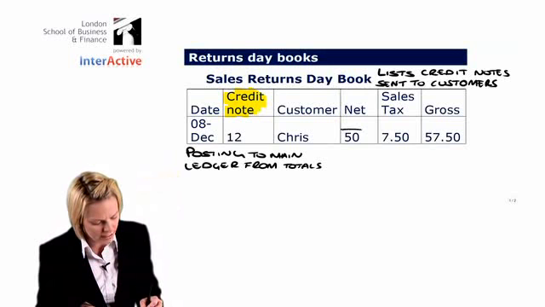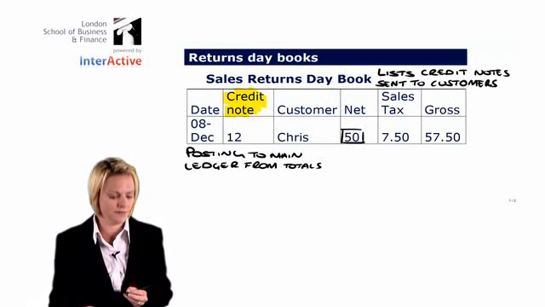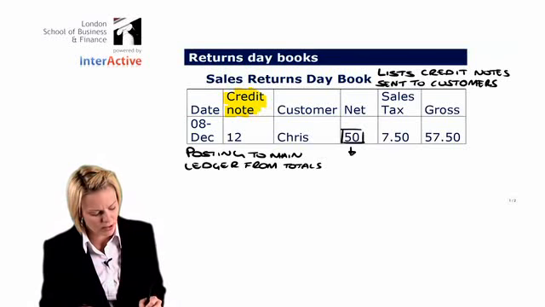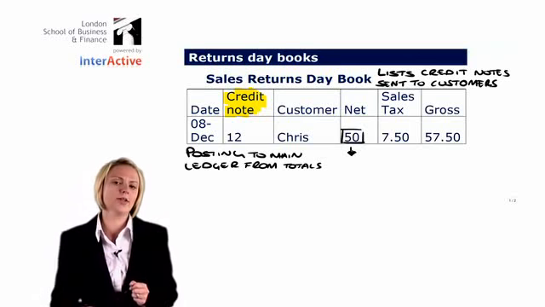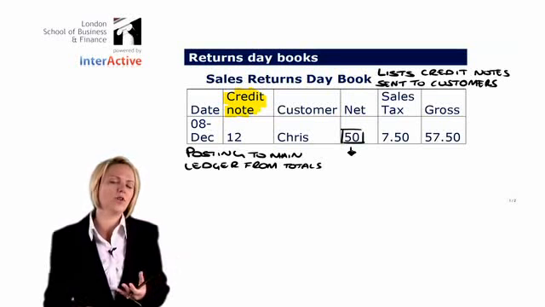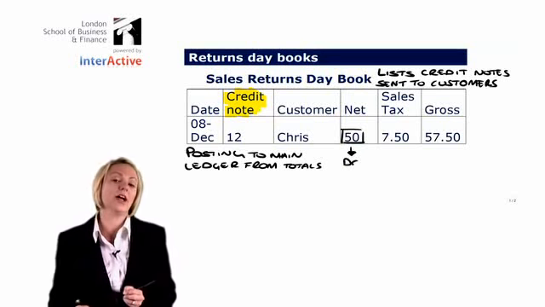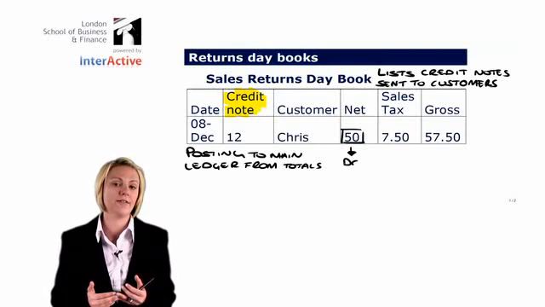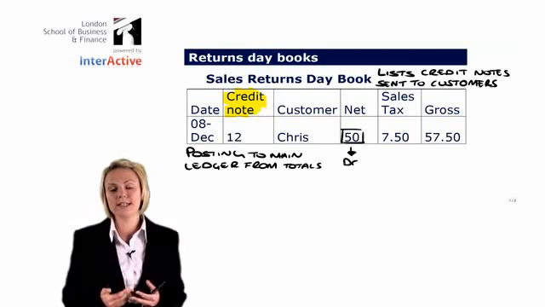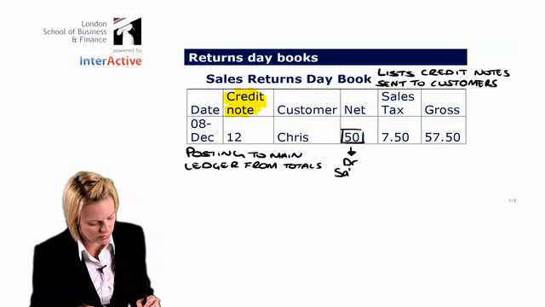So the net amount then, and in this case the total net amount of the return is 50. When you recognise sales income, you're going to credit and increase income of sales. Well, now we've got returns. We have a debit because it's going to reduce our income in our statement of comprehensive income. But rather than debiting sales, we're actually going to debit an account called sales returns.